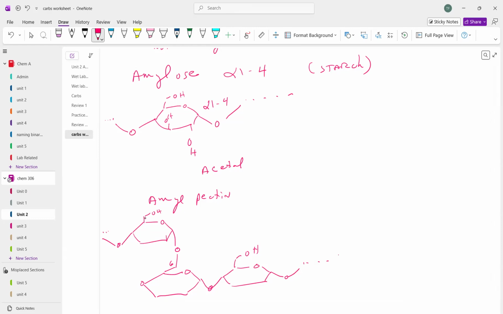At carbon number 6 is where the branch takes place.